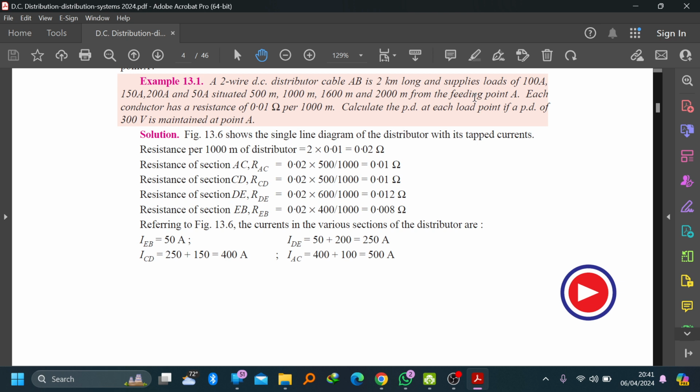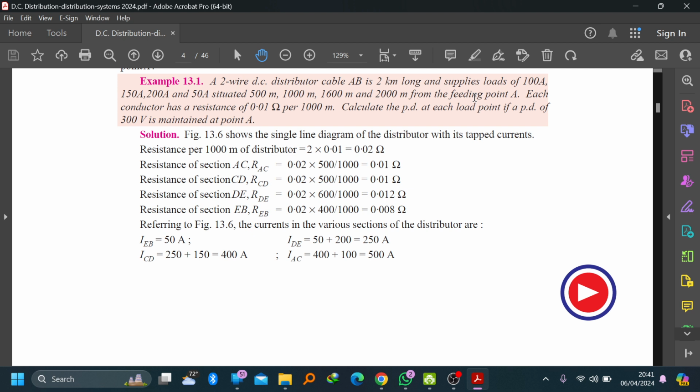So they want us to calculate the PD at each load point if a PD of 300 volts is maintained at point A. So we are going to derive the data from that expression, and we are able to maybe come up with a model of the system.